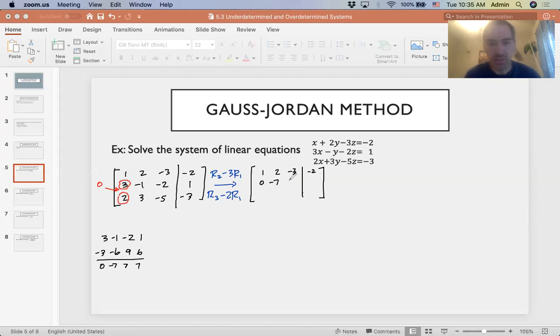Same thing with R3, times -2. Row 1, that's -2, -4, 6, and 4. So that is 0, -1, 1, 1.